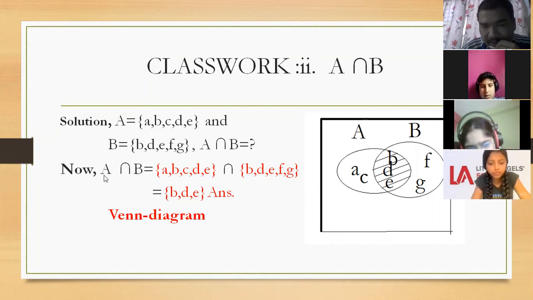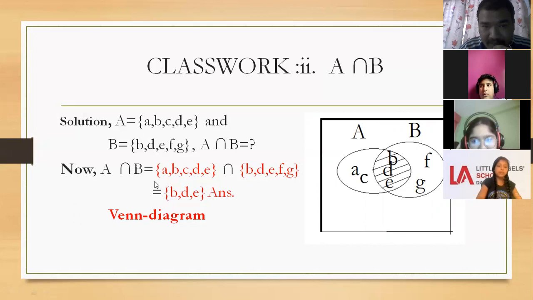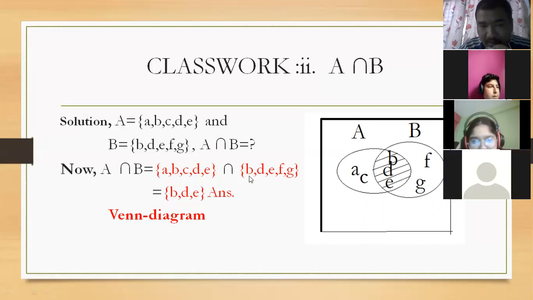Look here. Set A. What is this set A, Sarah? A, B, C, D, E. And what is set B? What are the elements of set B? B, D, E, F, G. And what are the same elements in set A and B? B, D, and E. Very good.